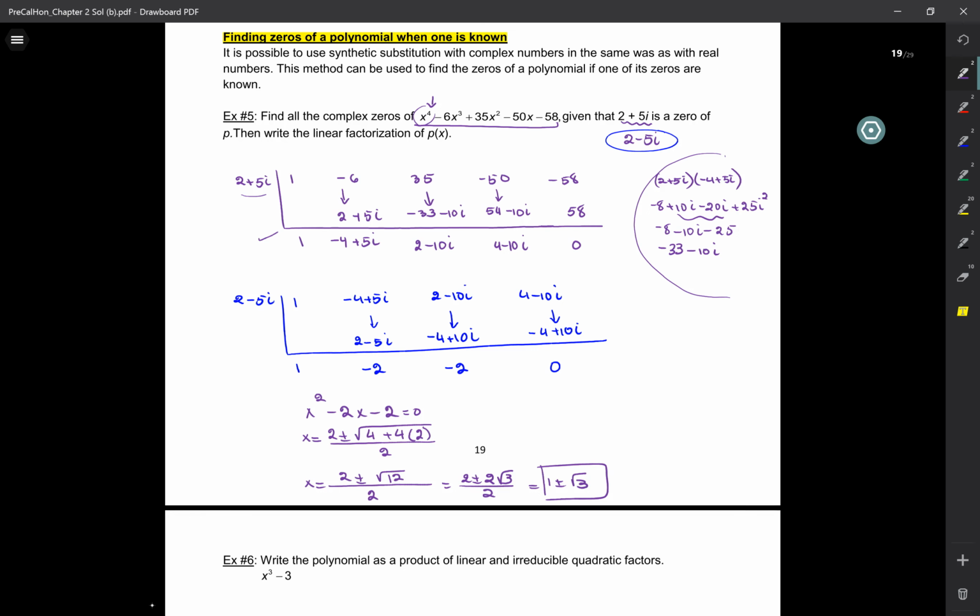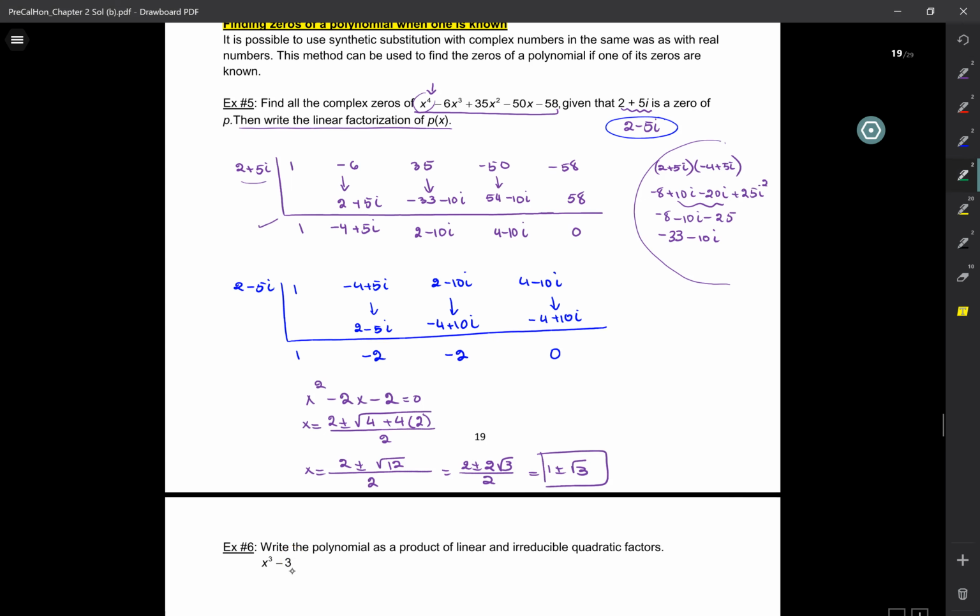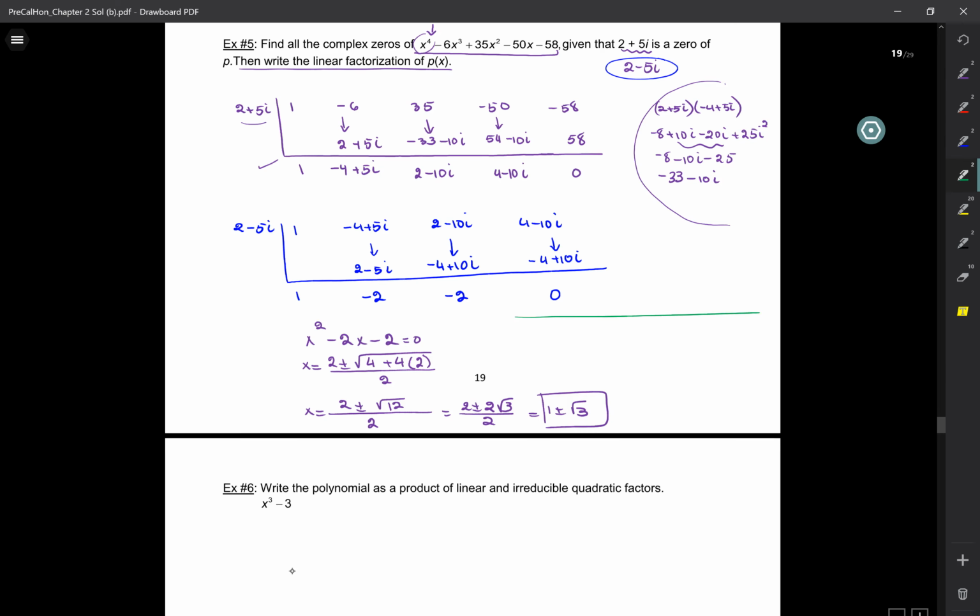Now it also says to write the linear factorization of this. So let's go ahead and do that. I need to carve out some space here. The linear factorization is going to be this. So this is p of x equals x minus 2 plus 5i, x minus 2 minus 5i, x minus 1 plus root 3, and x minus 1 minus root 3.